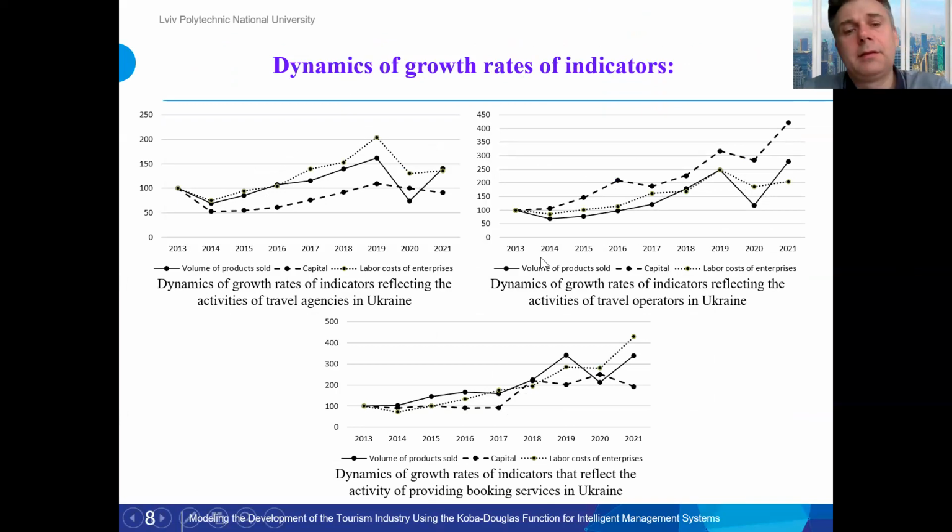The dynamics of mentioned indicators are presented on this slide, and here there are the growth rates of indicators reflecting the activity of travel agencies, activities of travel operators and booking services. And you can see that until 2021 it was mostly a steady growth, and the growth was hit by two factors.